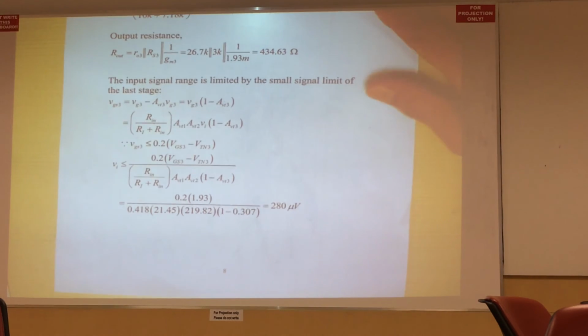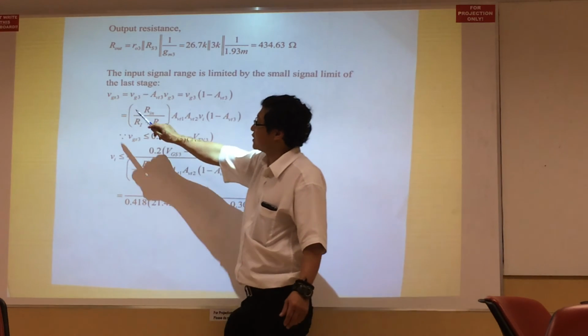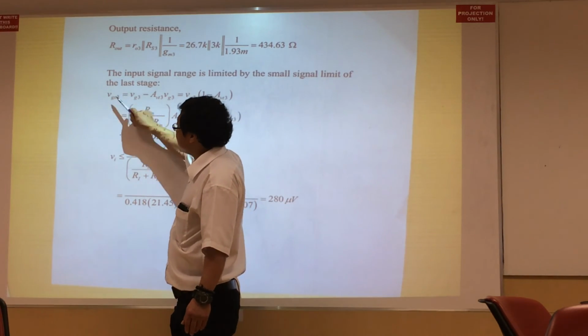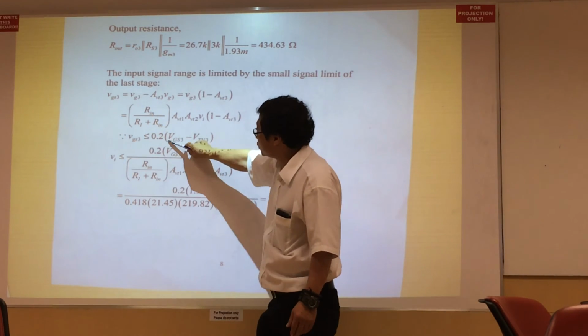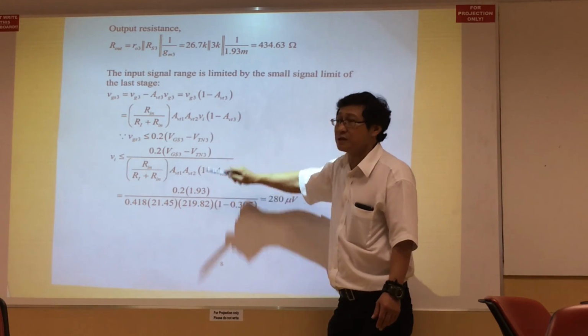And you want to find out the maximum voltage at the source of your third stage, your gate to source voltage at the third stage. So this value must be smaller or equal to 0.2 times (VGS minus VT). That equation has been solved.